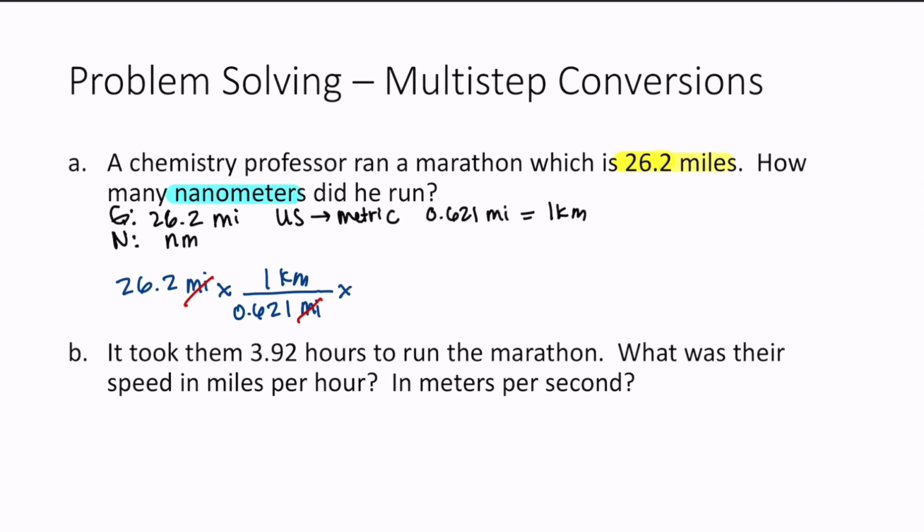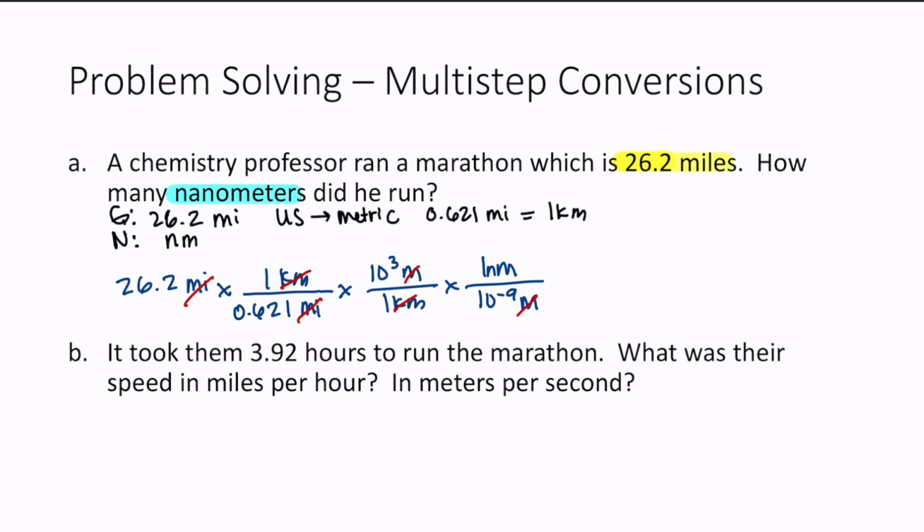Sometimes it can be hard to convert straight from something like kilometers to nanometers. So I always like to go through the base unit. So there are 10 to the 3 meters in 1 kilometer. Now my kilometers cancel out and I can convert between meters and nanometers. So 1 nanometer is equal to 10 to the negative 9 meters.